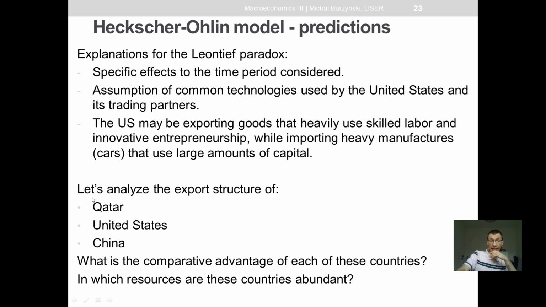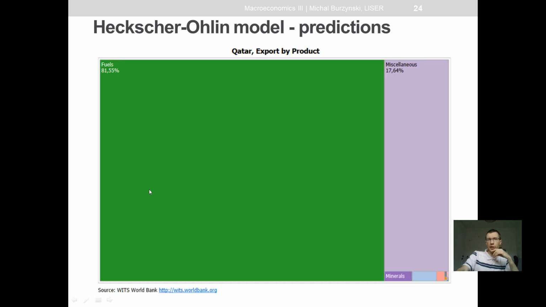All right, so let's analyze the export structure of those three countries, and we start with Qatar. So here what you have is a rectangle which represents the 100% of exports from Qatar by types of product. And those small surfaces of this rectangle represent products of different type.